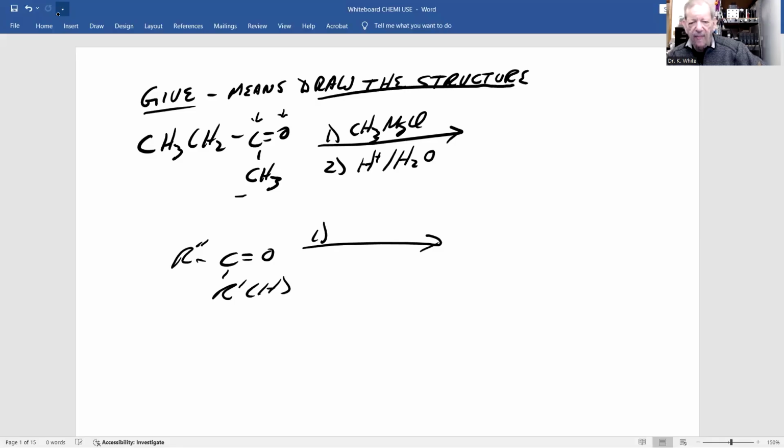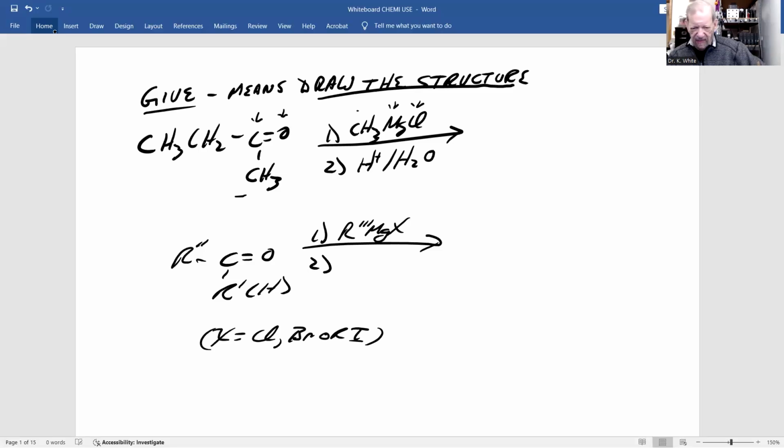Then the first step, magnesium chloride. This is a Grignard, where X can be, in our case it is, chlorine, bromine, or iodine.